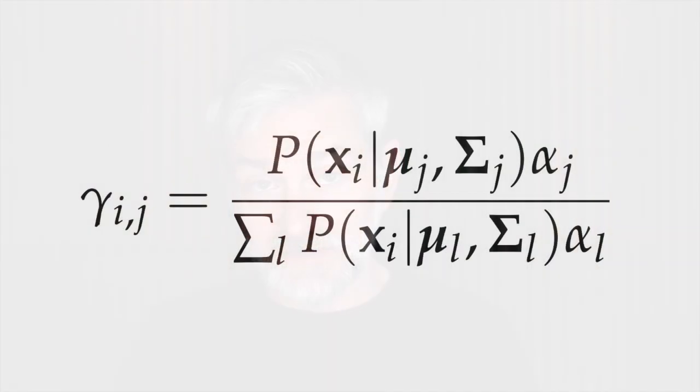In the E step, or expectation step, we estimate the responsibilities associated with each of the samples using a formulation like this. In the second step, we make maximum likelihood estimates of all of the model parameters based on the responsibilities like this.